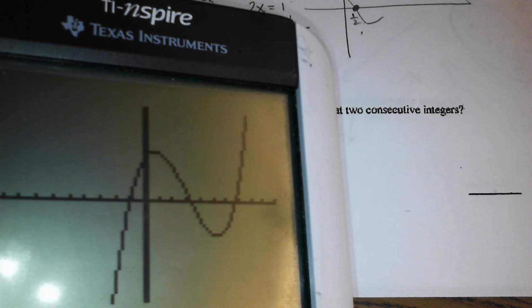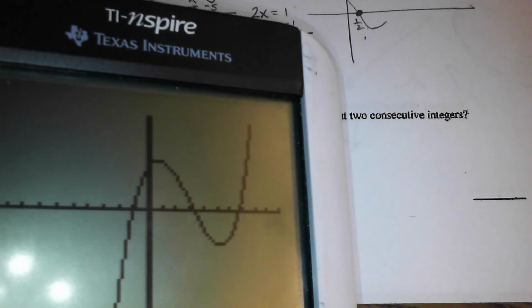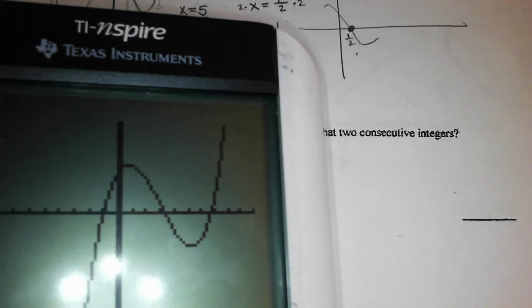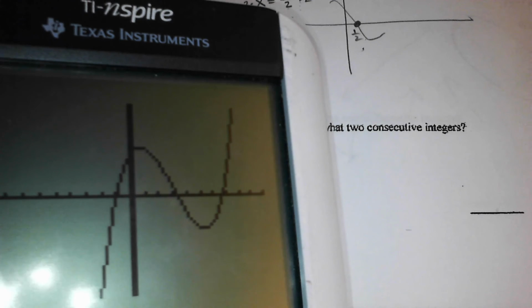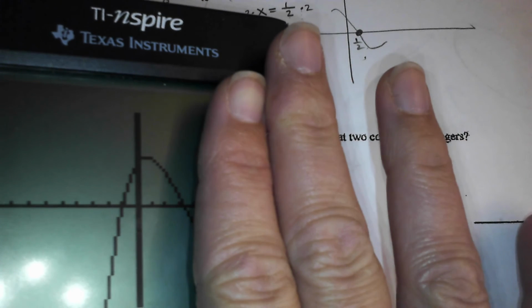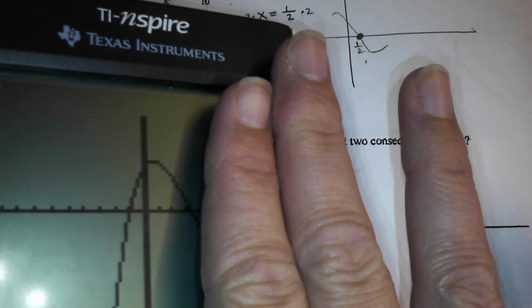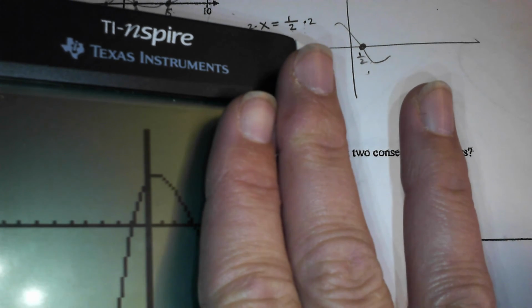This is a very interesting point, because there was a Regents question that came up, and if I can find it, I will. If you were just looking at the negative 10 to 10 window, you were kind of missing some of the graph. But you almost didn't realize it just based on the way it fell.